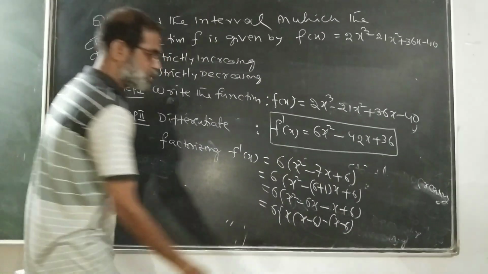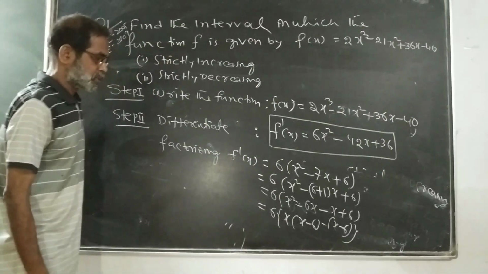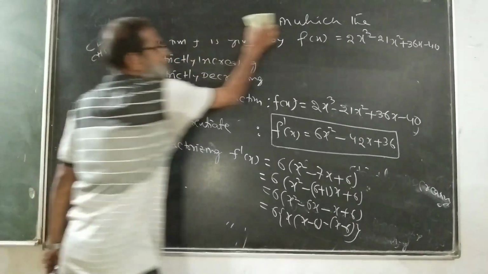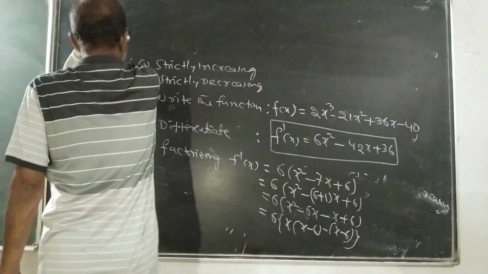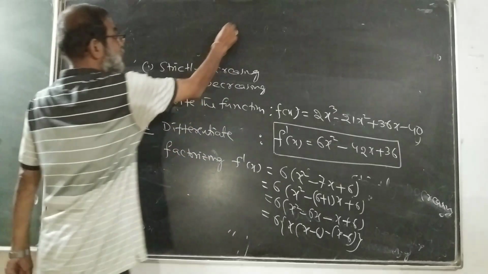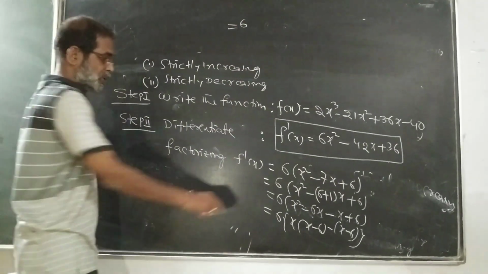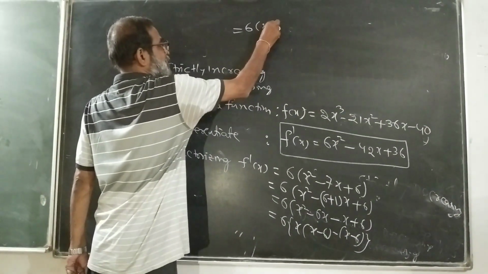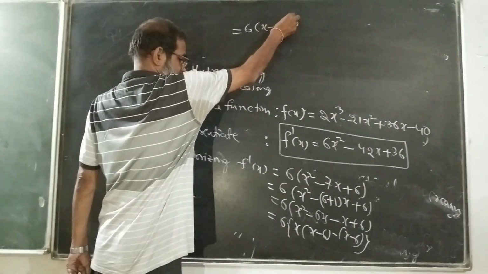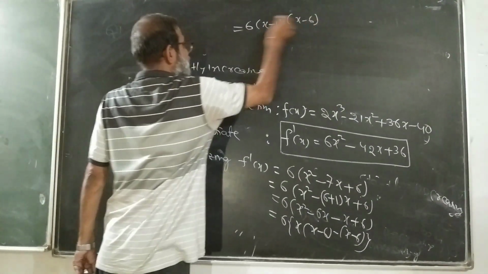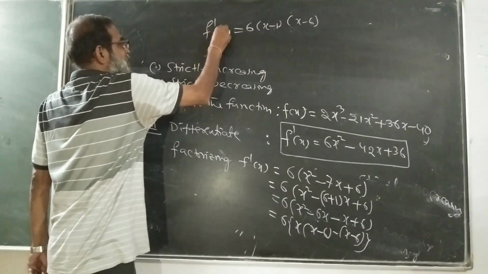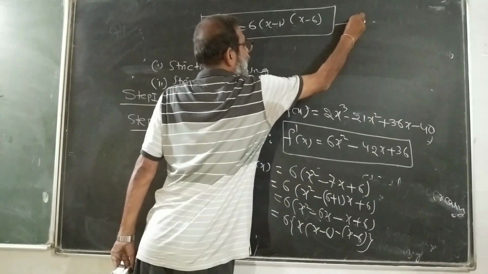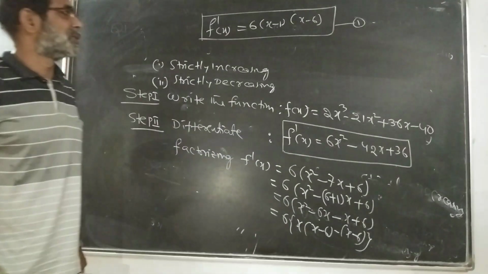So now I have written the question. Look, 6 into x minus 6 common, x minus 1 into x minus 6 is f dash x. Note, this is important, call it equation 1.